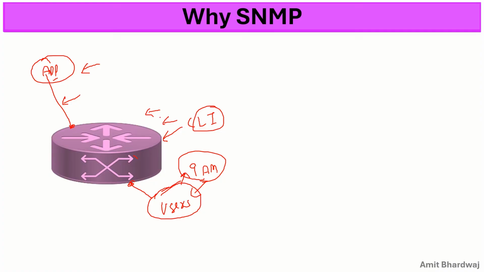So it's at this time that the network admin gets to know that the CPU on this router is high. And on further exploration, he gets to know that after the last night upgrade, the CPU has increased. So the problem has been found, and he springs into action to start troubleshooting how to resolve that issue.